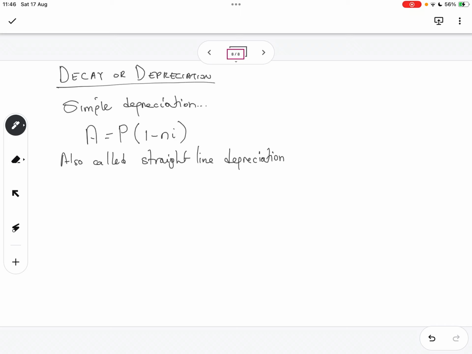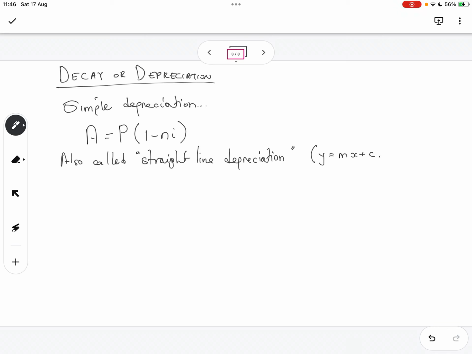Would you like to guess why it's called straight line depreciation? The reason it's called straight line depreciation is because of the form of this formula.